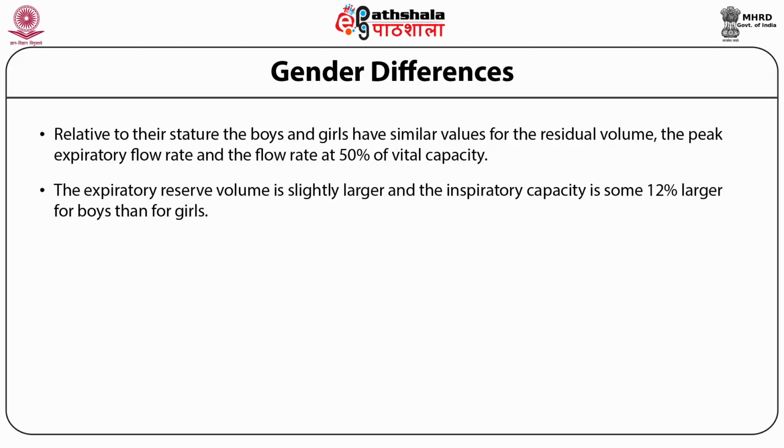Therefore, the boys have higher values for the functional residual capacity, the vital capacity, and the total lung capacity. The boys have different lung sizes as compared to the girls. Due to these differences in lung sizes, the boys also have a larger value for the FEV1.